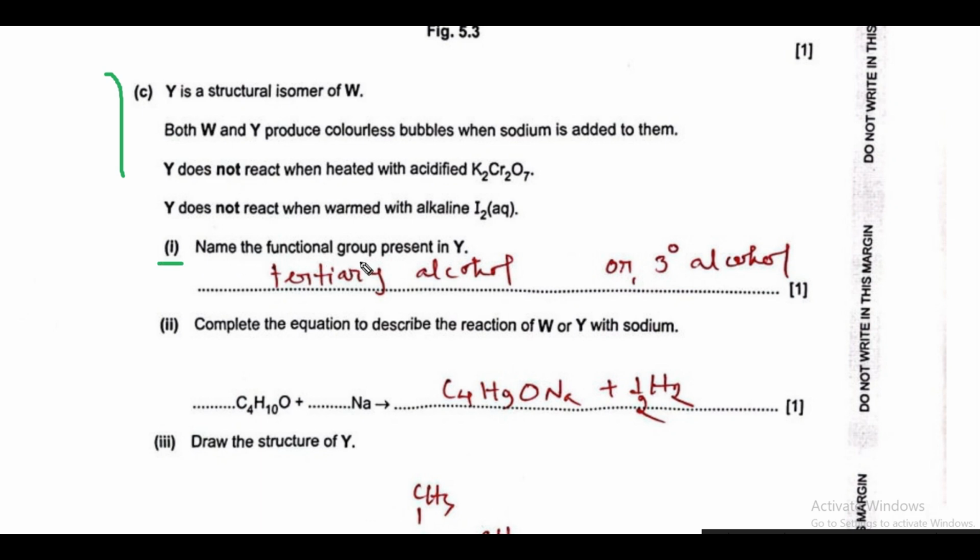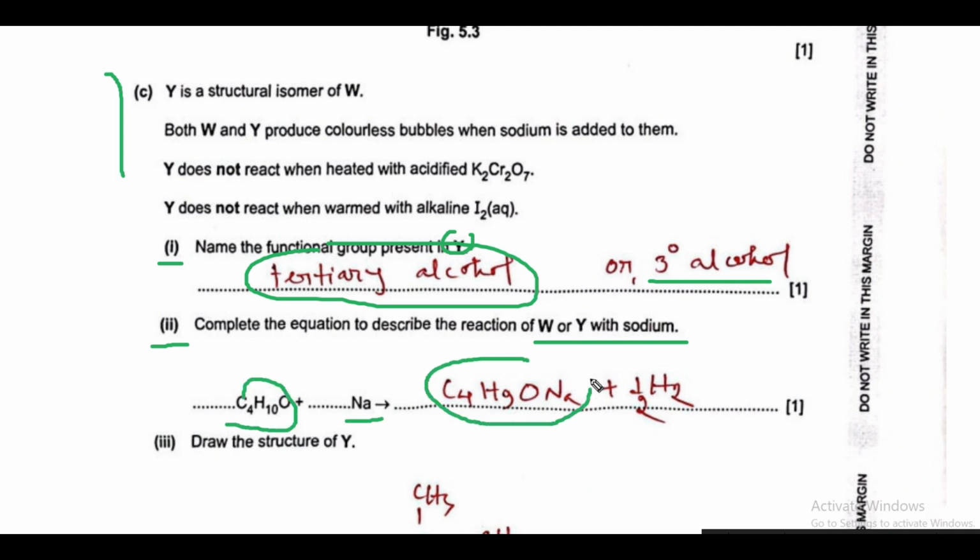Number 1, name the functional group present in Y. Y's functional group is a tertiary alcohol, or 3-degree alcohol. Number 2, complete the equation to describe the reaction of W or Y with sodium. An alcohol reacts with sodium to produce sodium alkoxide. As this is butanol, sodium butoxide plus hydrogen gas will form.